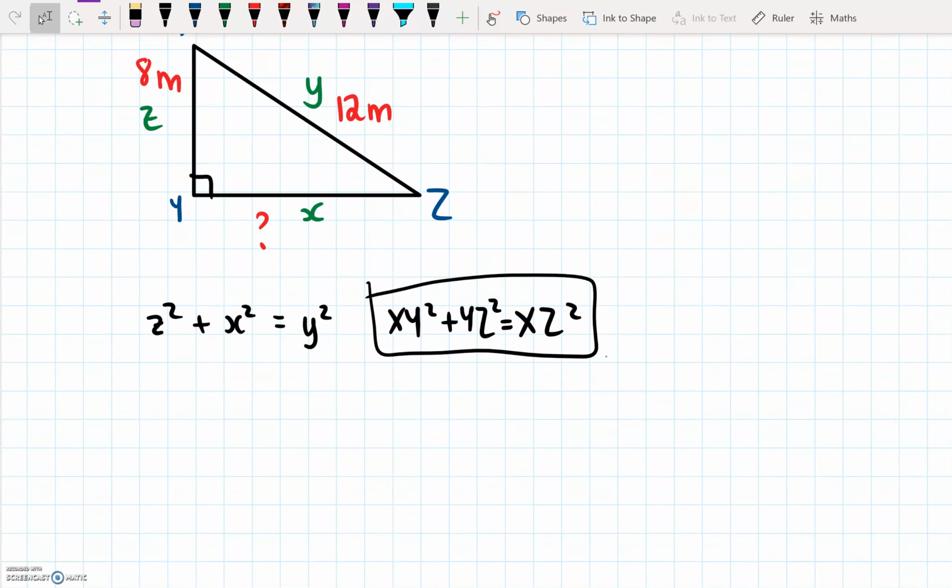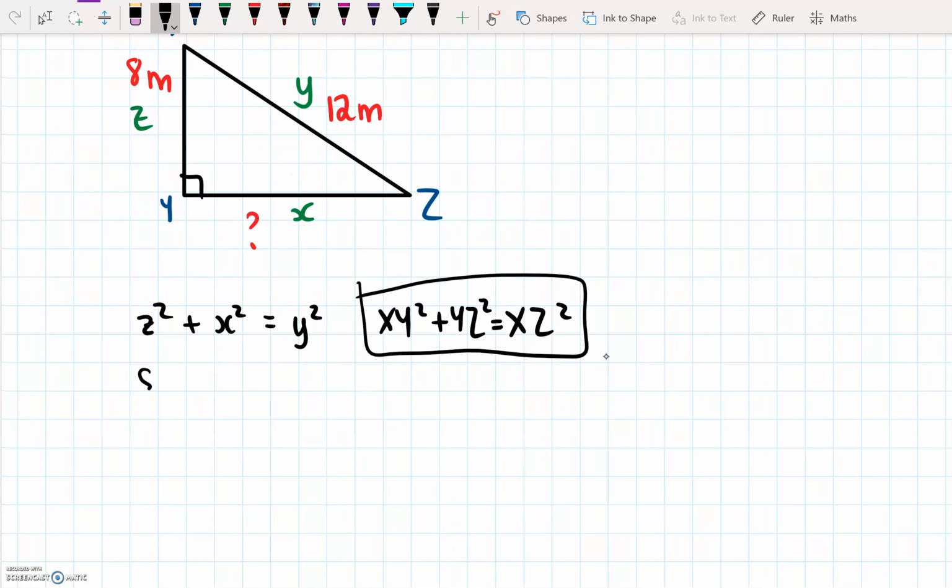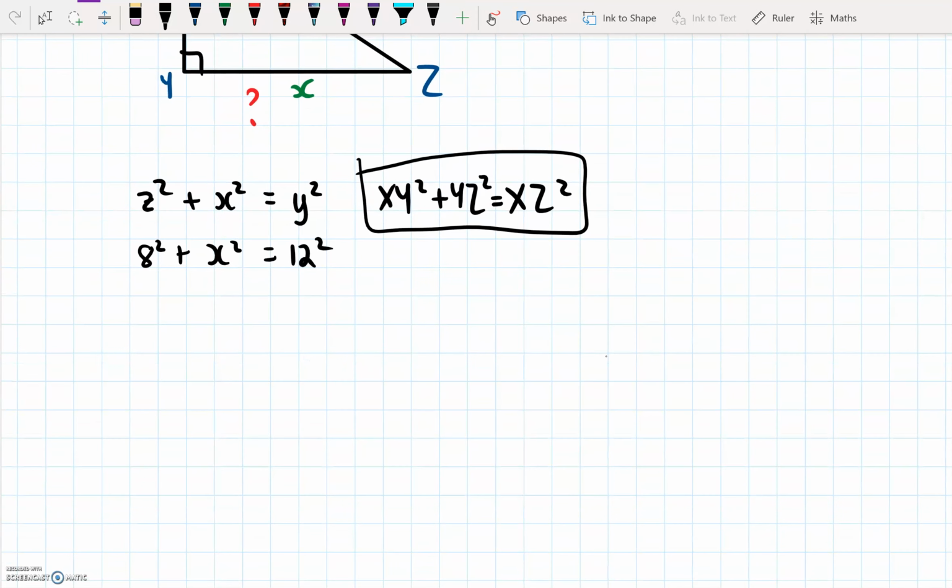All right, so we know side z was 8, so we have 8 squared plus x squared is equal to 12 squared. That's just substitution from our picture. Okay, 8 squared is 64 plus x squared equals 12 squared, which is 144.